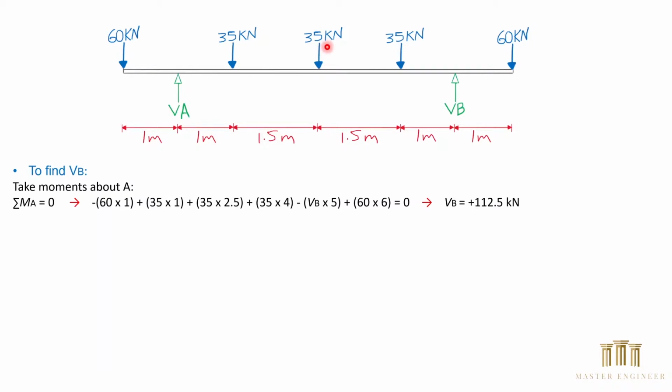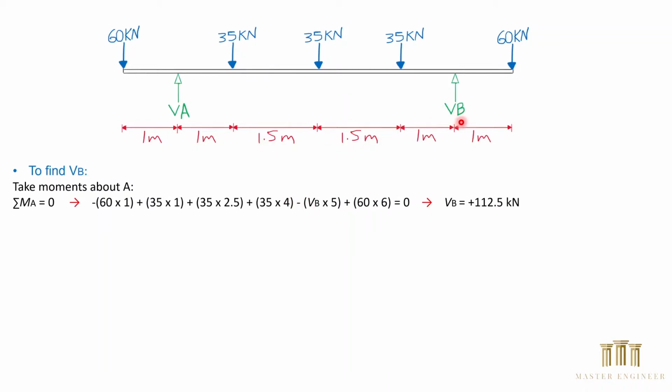Then we have 35 kilonewton here acting clockwise again, positive, multiplied by the distance from this point to here, which is 2.5, positive 35 kilonewton acting clockwise again, the distance from here to there, which is 4 meter.